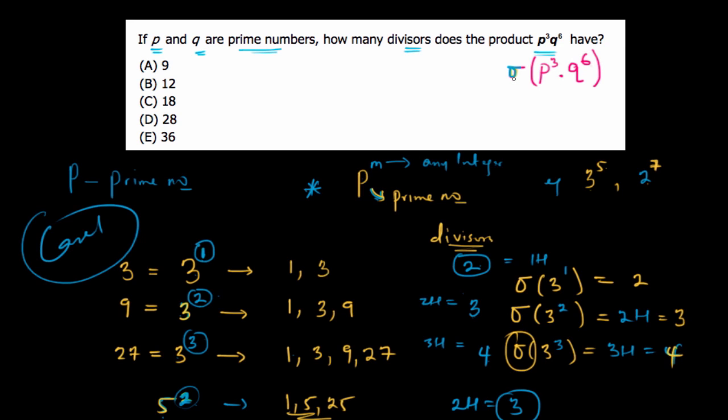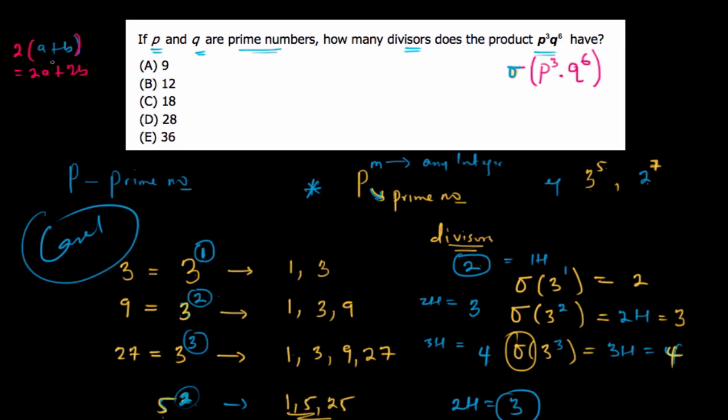What we said is that this sigma is a multiplicative function. That is, you can expand this like you're doing normal expansion. What I mean is, if you have 2 times a plus b, this is just going to be 2 times a plus 2 times b.